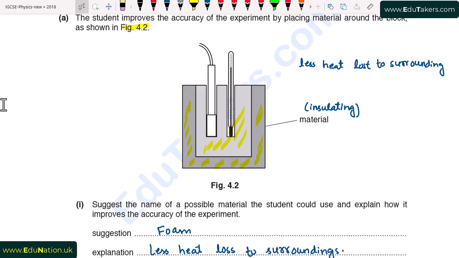So what would he do? He again uses any insulating material and covers the top of this block with that insulating material. So there will be no heat loss to the surroundings.